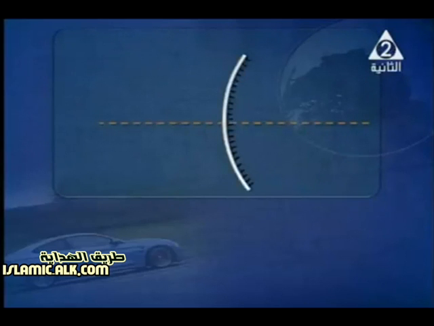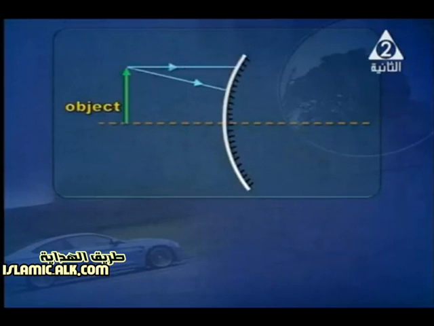This is the convex mirror and the principal axis. The object will stand at any distance from the reflecting surface of the convex mirror. This object will send a light ray that is parallel to the principal axis and another ray which is passing through the focus.